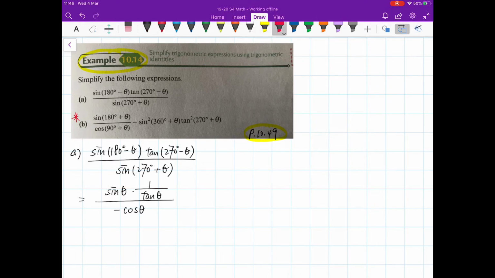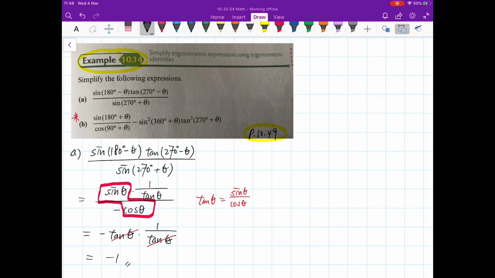For the next step, as we can see, there is a sine theta over cosine theta, so we can change it into tangent theta. Therefore, it becomes negative tangent theta times 1 over tangent theta. The two tangent theta can be cancelled out, and the remaining part is negative 1. And this is the answer.